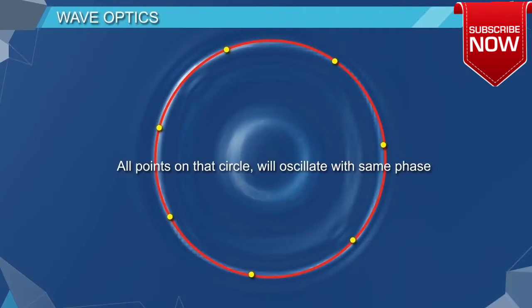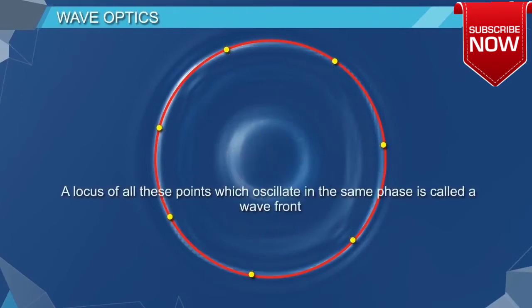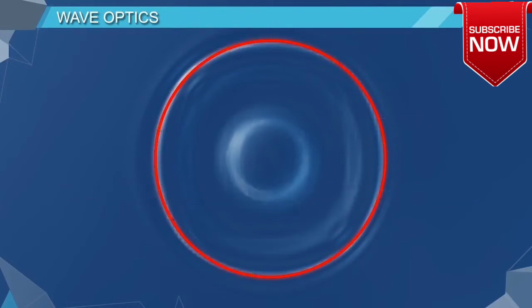This is because they are at same distance from the point of impact. A locus of all these points which oscillate in the same phase is called a wavefront. The speed at which the wavefront moves outwards is called speed of the wave.